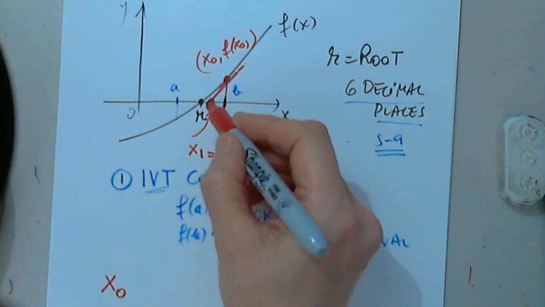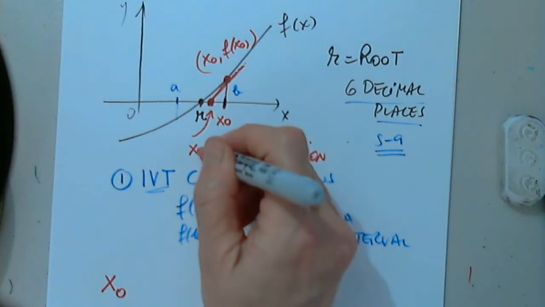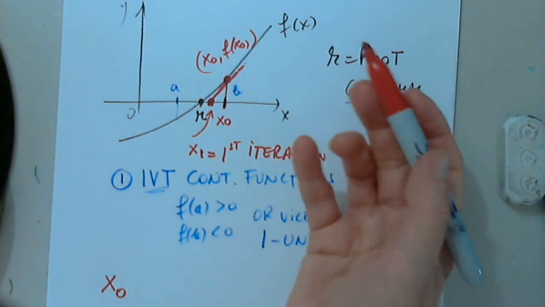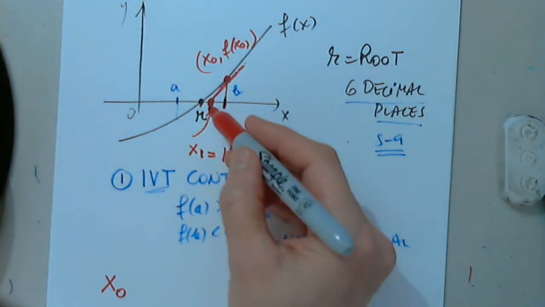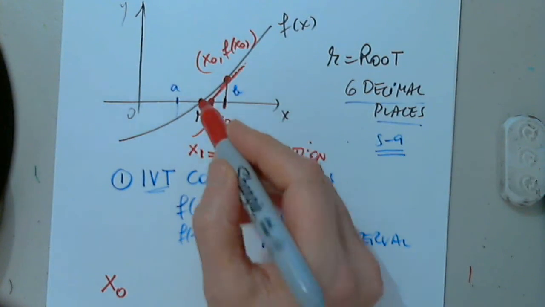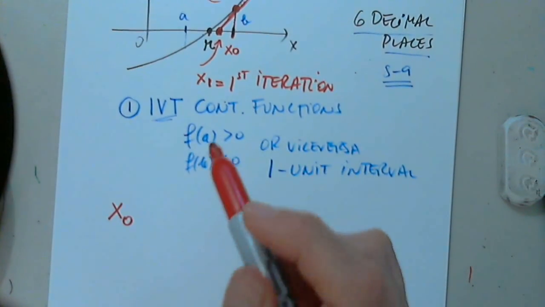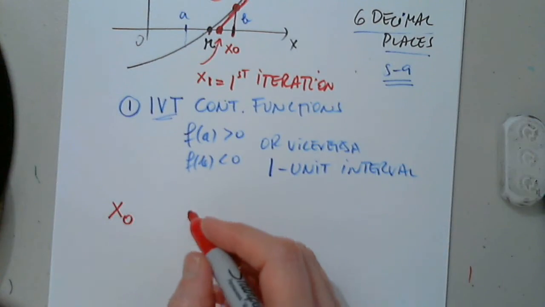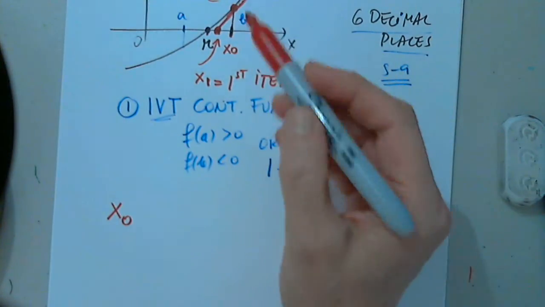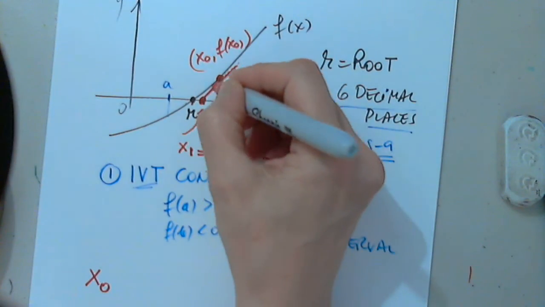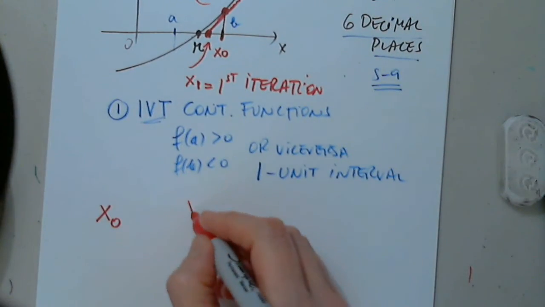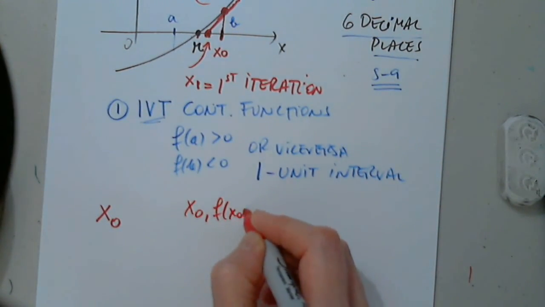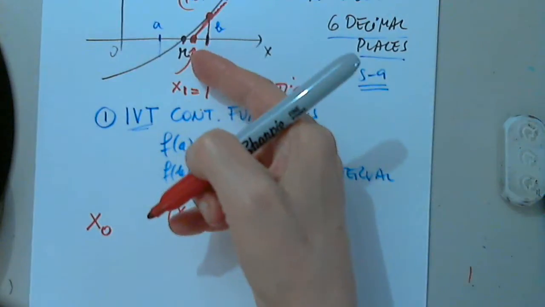But how do I determine this point? How do I determine x1? Because the point is x1 comma 0, right? So how do I determine this? Okay, so first of all, the slope of the tangent line, I have 2 points now. I have the point x0 comma f of x0, and I have the point x1 comma 0.